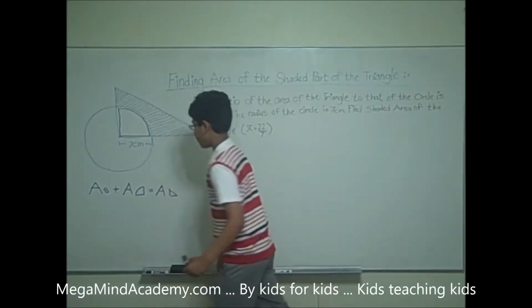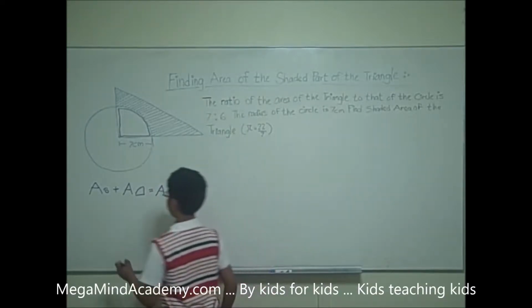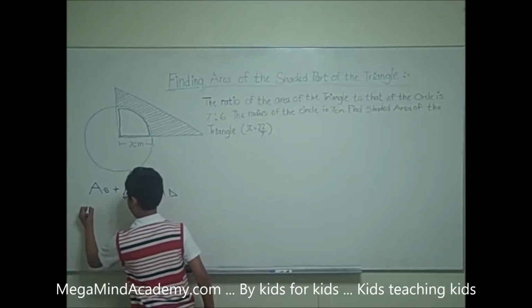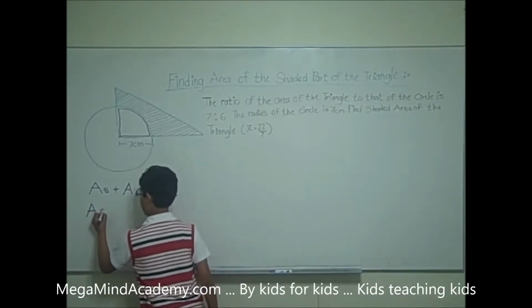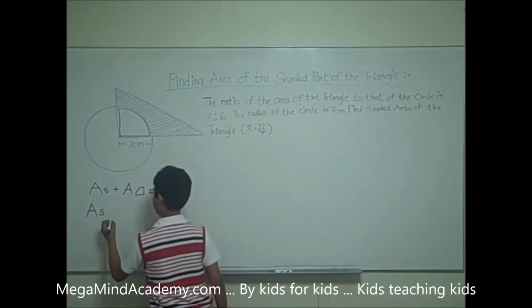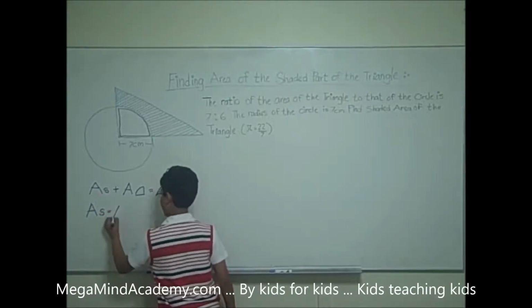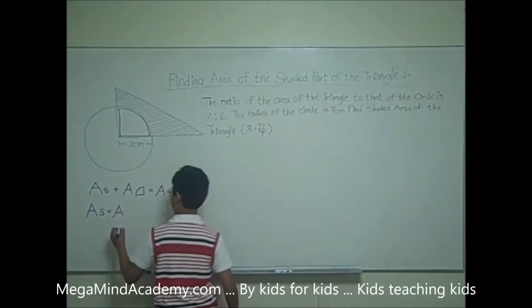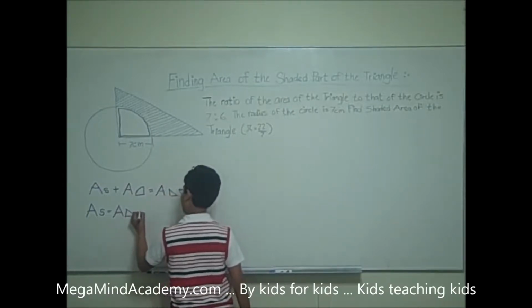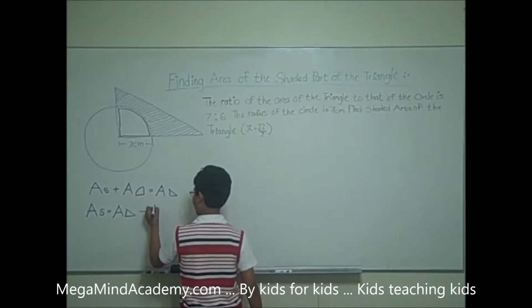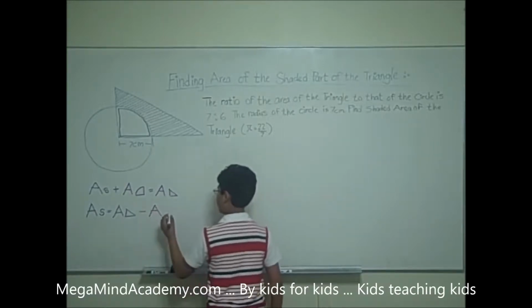This also means that the area of the shaded part is equal to the area of the triangle minus the area of the quadrant.